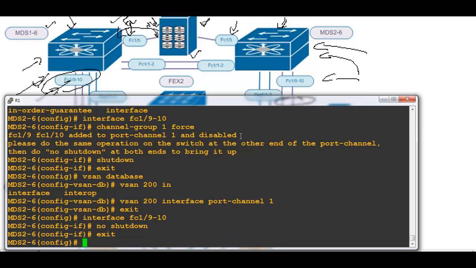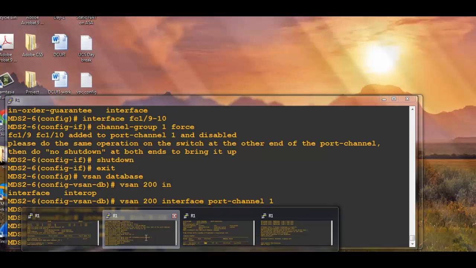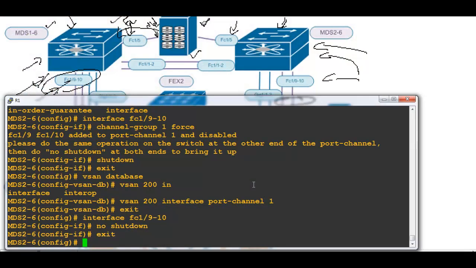Okay. Now let us go to the other side, 5K2. vSAN database, I think we created. Sorry. 5K2.